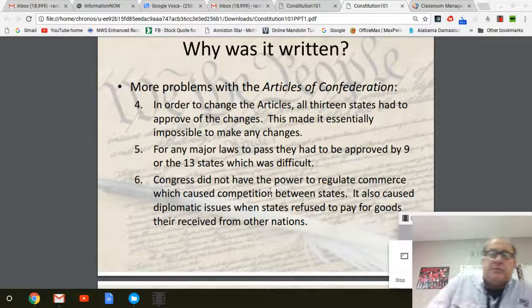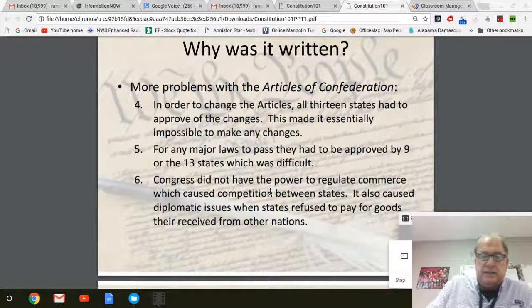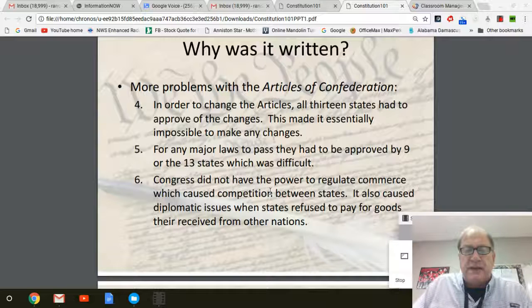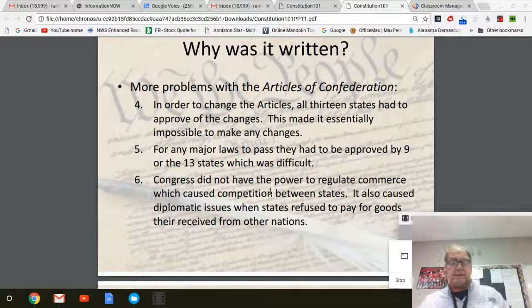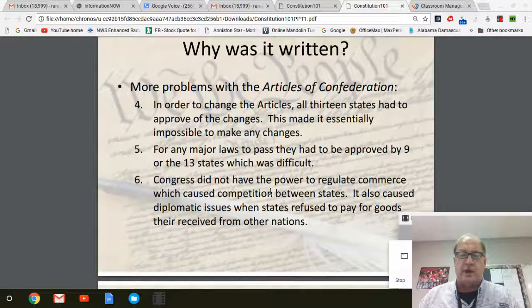Also under the Articles, all 13 states had to approve the changes. This made it essentially impossible to make any changes. For any major laws to pass, they had to be approved by 9 of the 13 states, which is very difficult. Congress did not have the power to regulate commerce, which caused competition between the states.